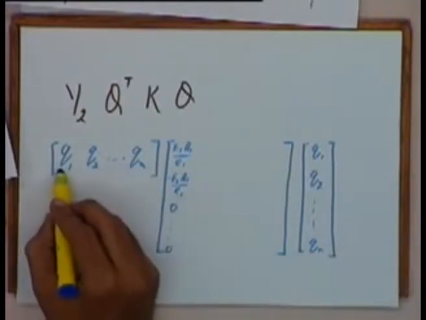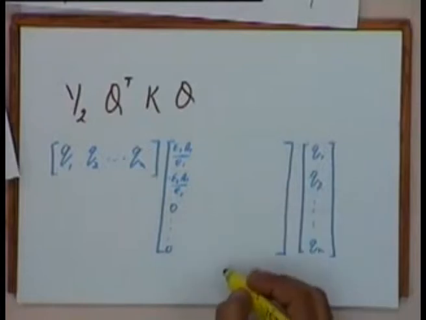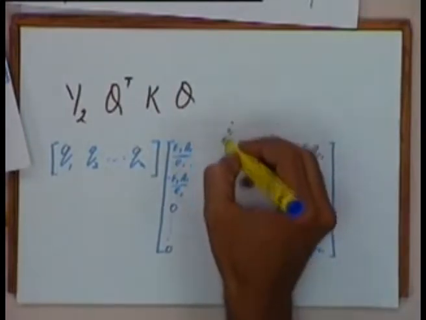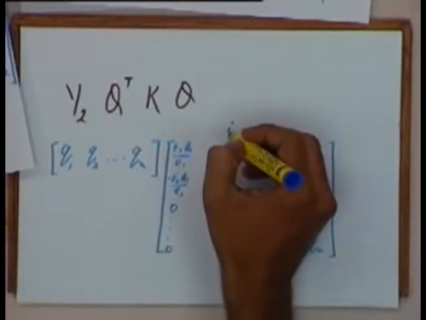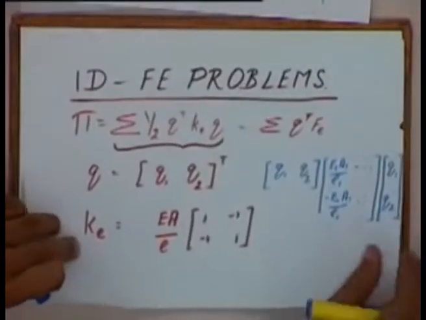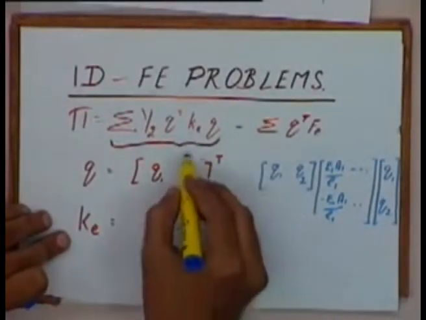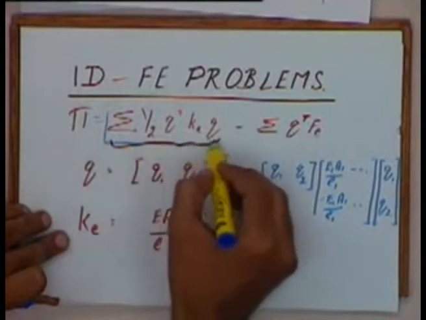Because if I take this row and multiply it by any column, let us say I multiply it by the ith column, and the ith node will be a part of some particular element, I will get the corresponding terms from this summation.